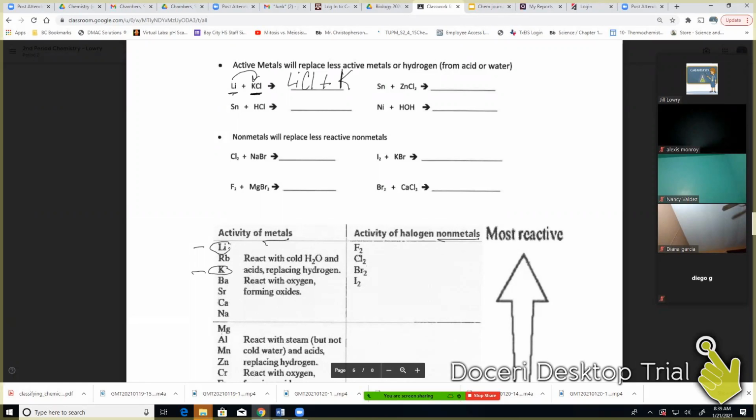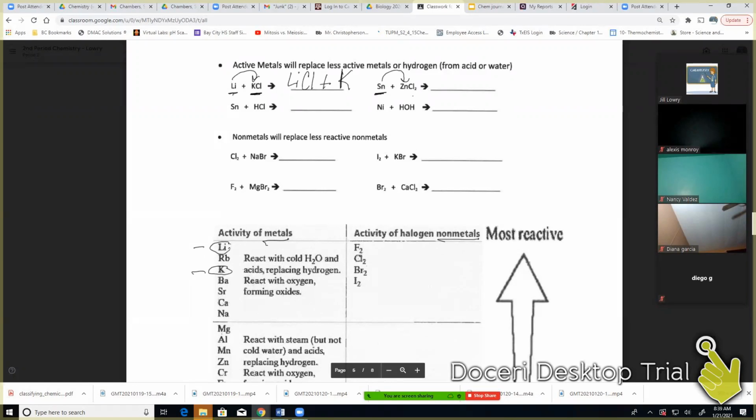All right, let's look at the next one. Sn is tin, and it's a metal, so is it trying to replace the zinc or the Cl, the chlorine? The zinc, exactly. So I have to look at my activity series.